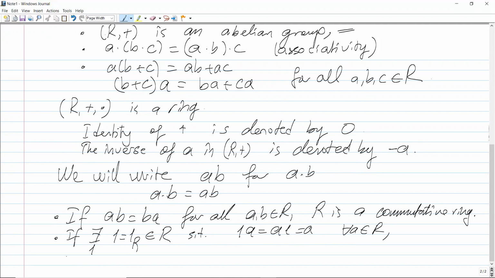the multiplicative unit, multiplicative identity of R. Okay.